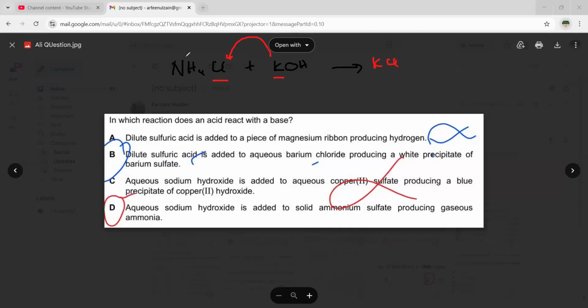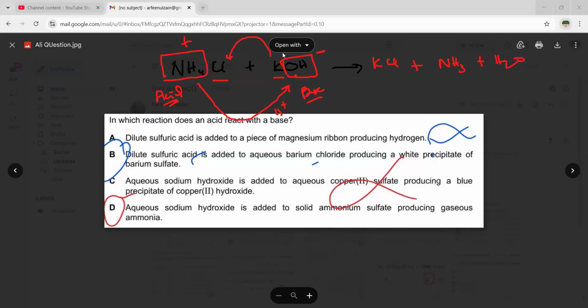The ammonium ion, NH4+, and the hydroxide ion, OH-: the ammonium ion will lose its proton and give it to the hydroxide ion. Because the ammonium ion is donating a proton, it is acting like an acid. The hydroxide ion is gaining a proton, so it is acting like a base. So ammonium loses a proton and becomes ammonia, and the hydroxide ion taking a proton becomes H2O, or water.